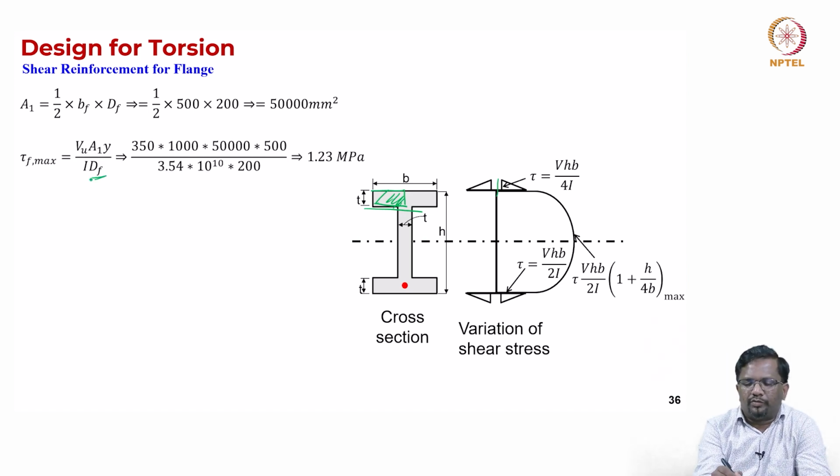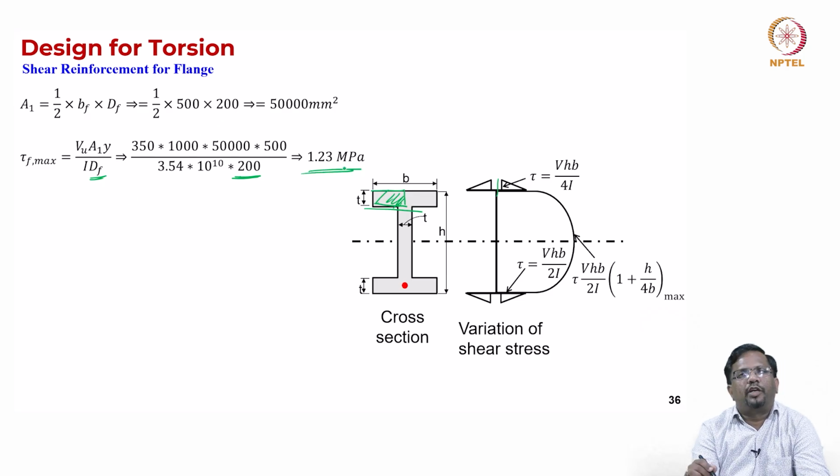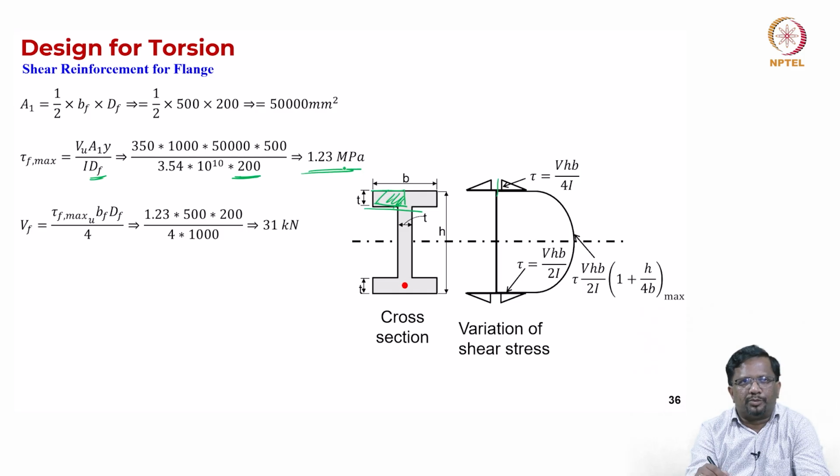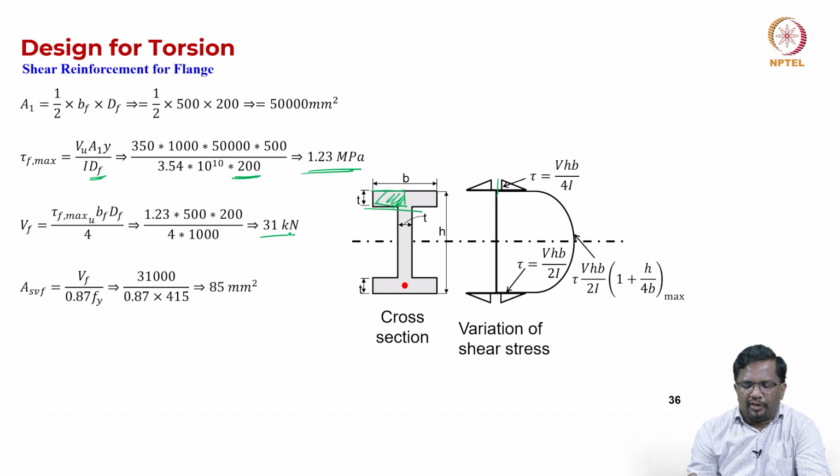Now the thickness for this is going to be depth of the flange, which is 200, and Y is again going to be 500, and your A1 is going to be half of your BF into DF. We did all those calculations and maximum shear stress works out to be 1.23 megapascal. If you substitute all of them, you get your horizontal shear force VF equal to 31 kilonewton. This is the same thing that we worked out in the previous example in shear.